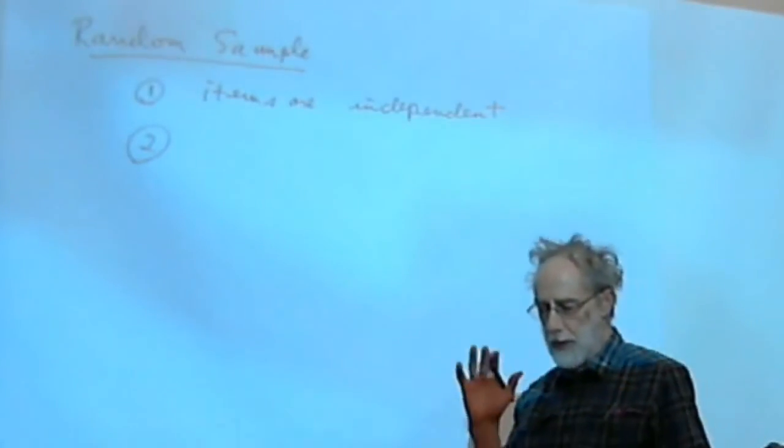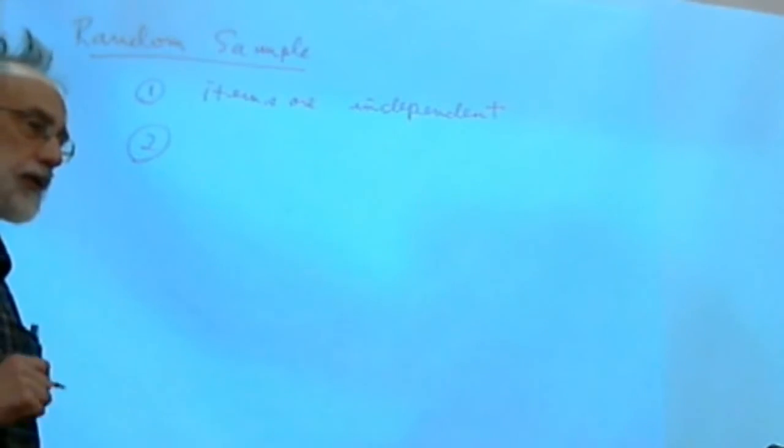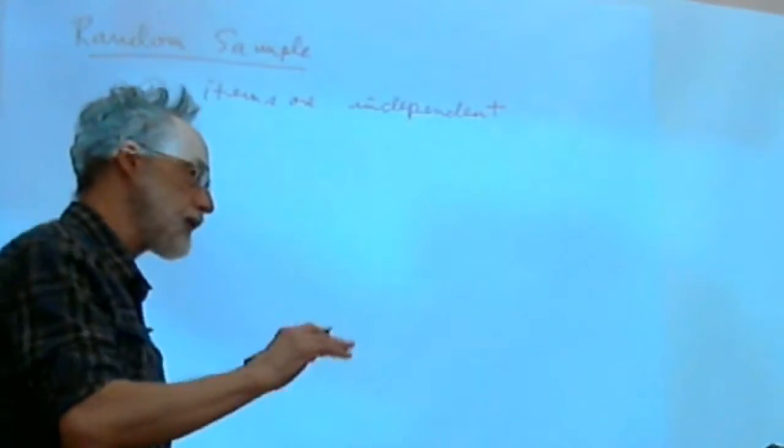Another way to say independence: even in the continuous case, the conditional distribution of x given y is just the distribution of x. That still works. You just can't do it like a discrete rule.